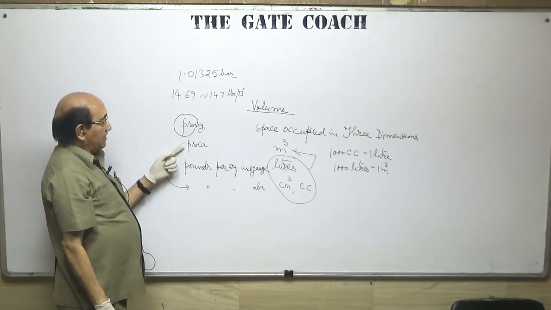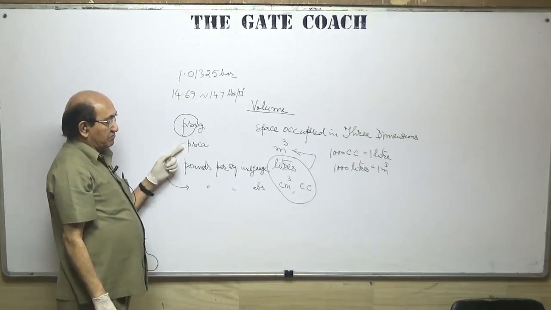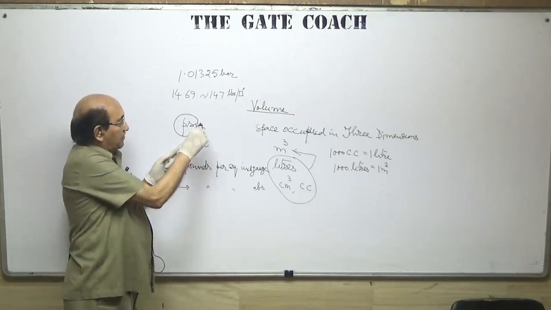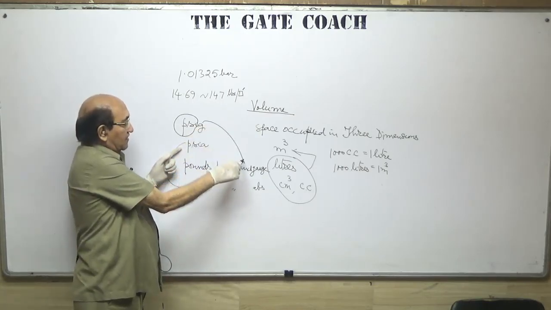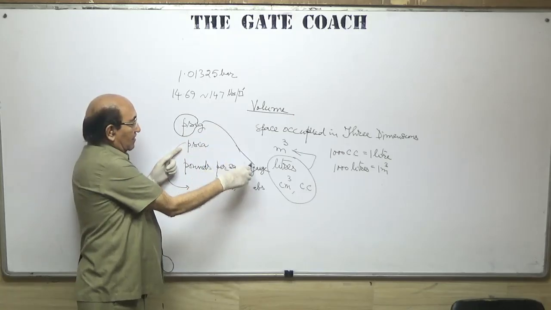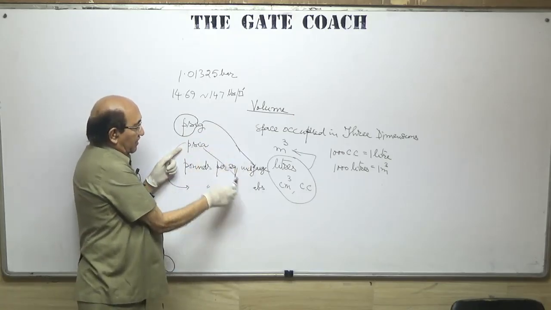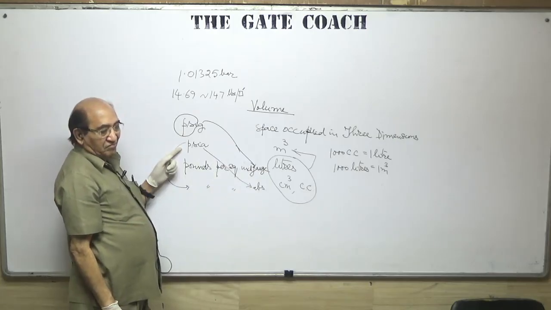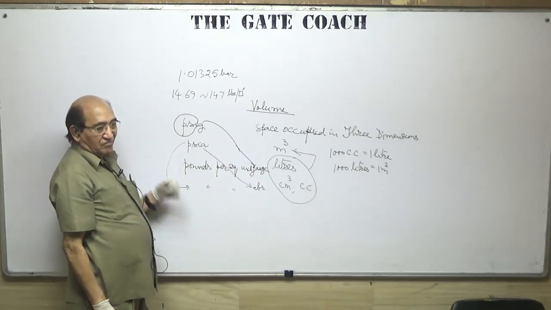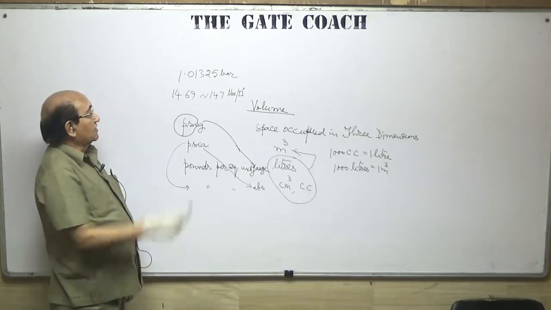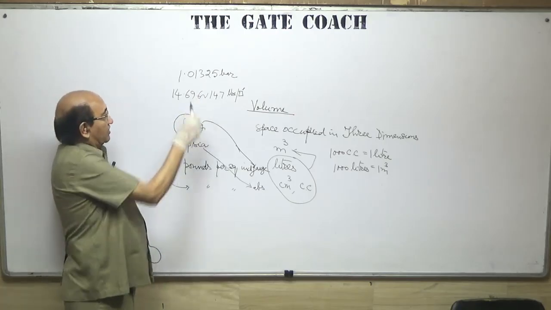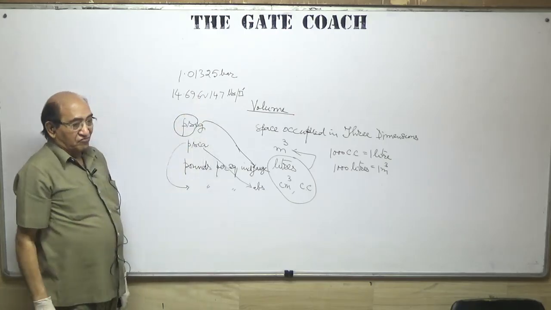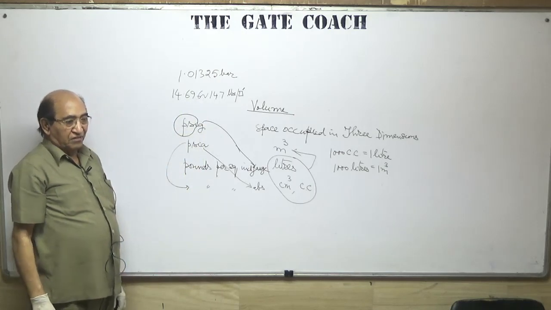So PSI is for pounds per square inch, G for gauge, and A for absolute. This exact value is 14.696, which we take as 14.7.